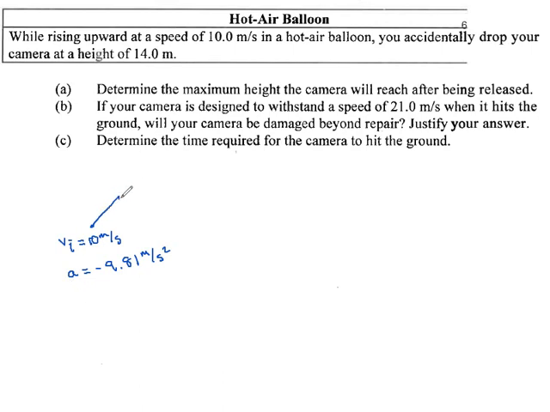So this object will start at 10 and then it'll go 9, 8, 7, 6, 5, 4, 3, 2, 1, 0. That's when it'll reach maximum height, and then it'll start going -1, -2, -3, and fall faster and faster until somewhere down here it thumps into the ground. So we have a max height event here, and then we have the hitting the ground event over here.